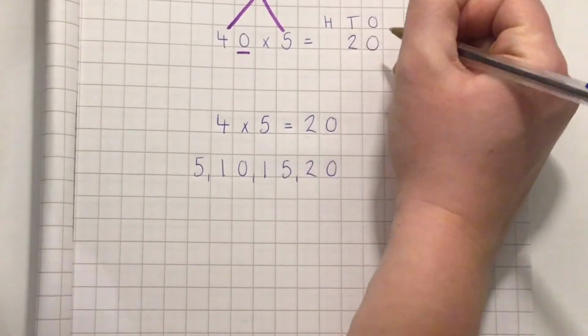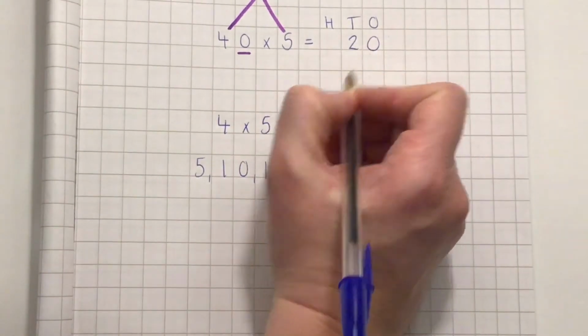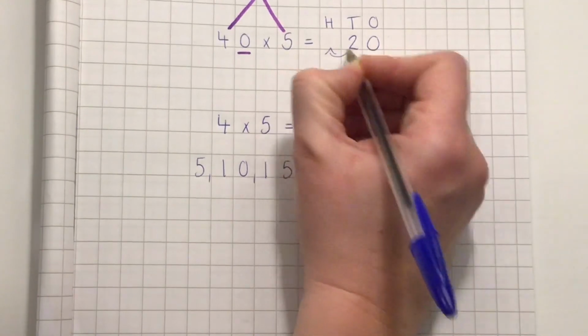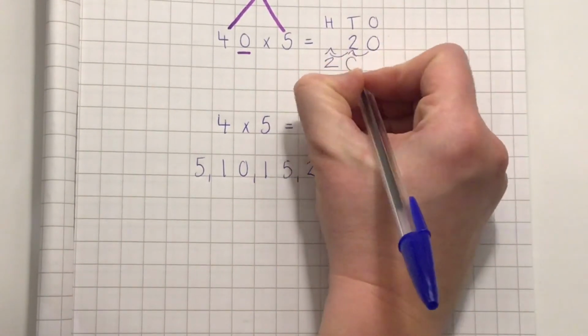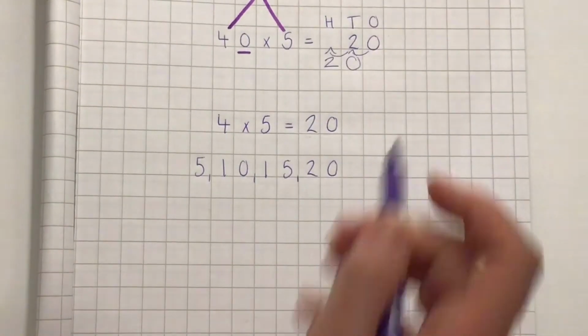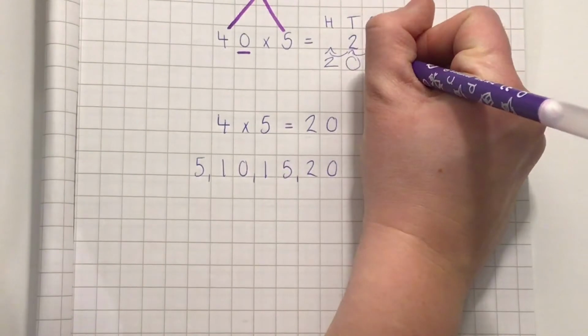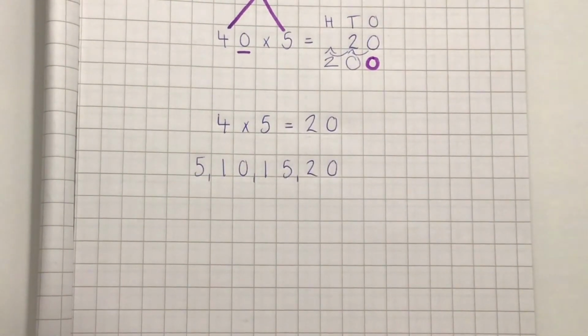So 4 times 5 we've worked out equals 20. So let's move each of these digits one place to the left. So 2 moves into the hundreds, the 0 moves into the tens, and I can now add the 0 which we ignored at the beginning as our placeholder. So 4 times 5 equals 20, but 40 times 5 equals 200.